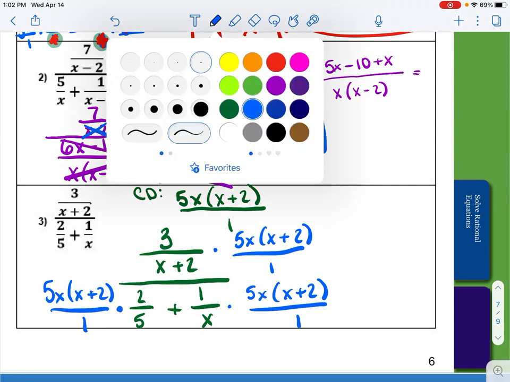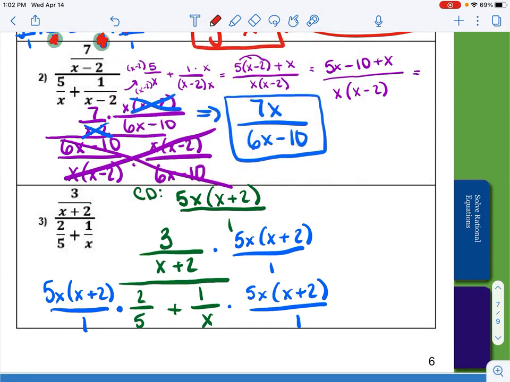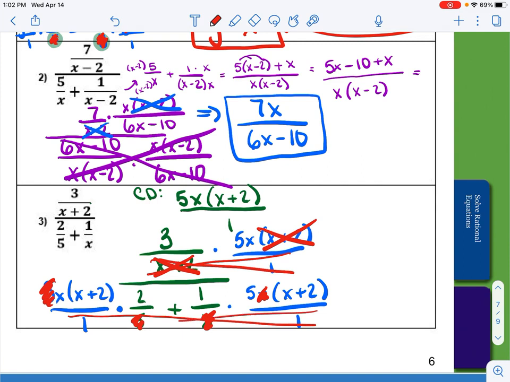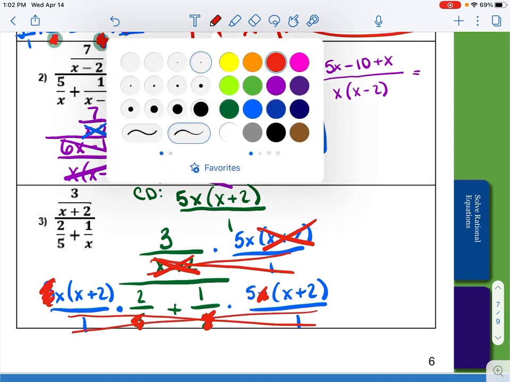Okay, so now in red, I'm going to cancel what I can out. X plus 2's cancel out for our numerator. X's cancel out for the right part of our denominator, and 5 cancels out for the left. Notice how we are left with only 1's in the denominators all the way. That means we don't need those anymore.